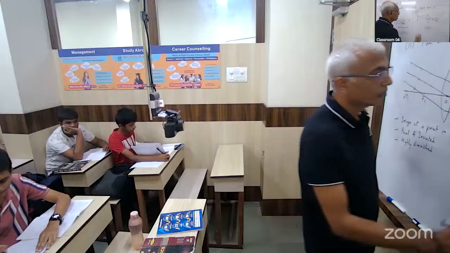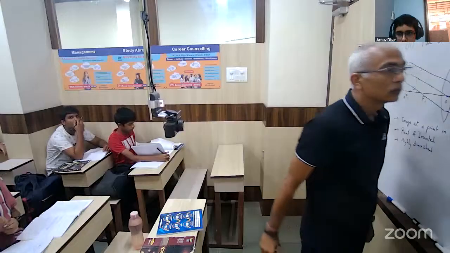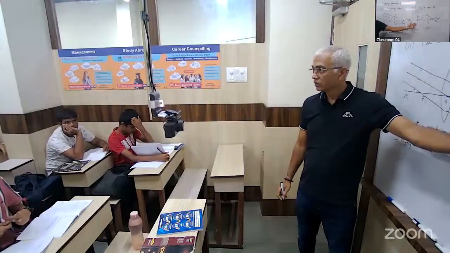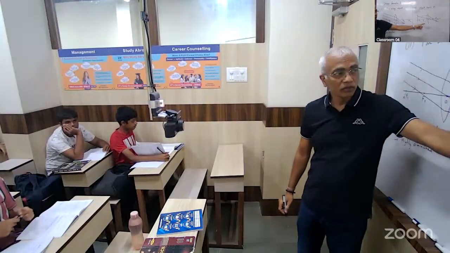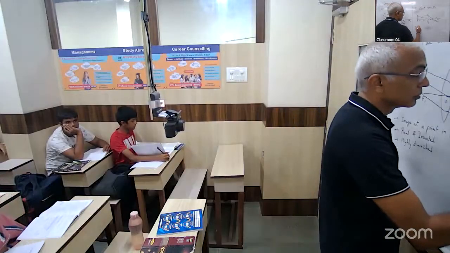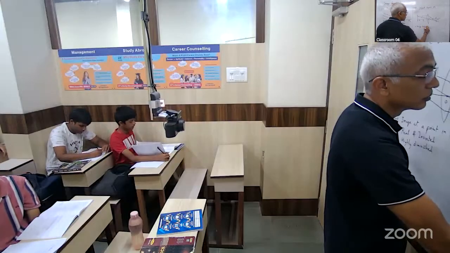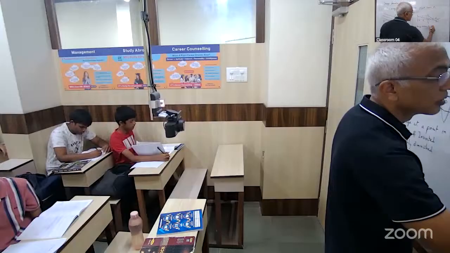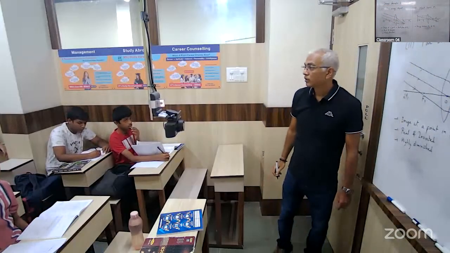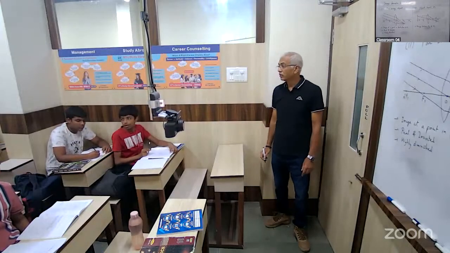So where is the image forming? Between F2 and 2F2. So whenever the object is beyond 2F1, the image will form between F2 and 2F2. Image between F2 and 2F2.